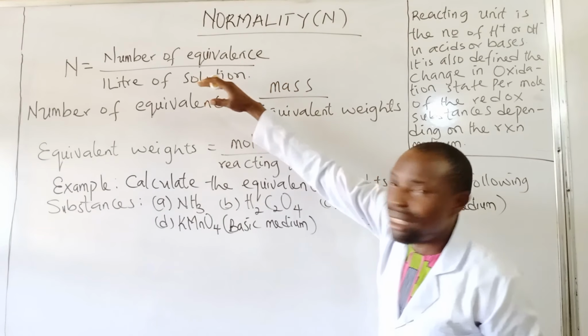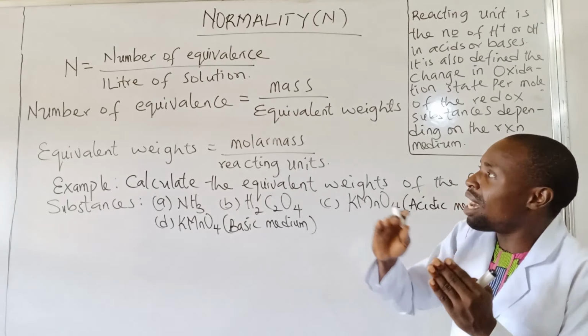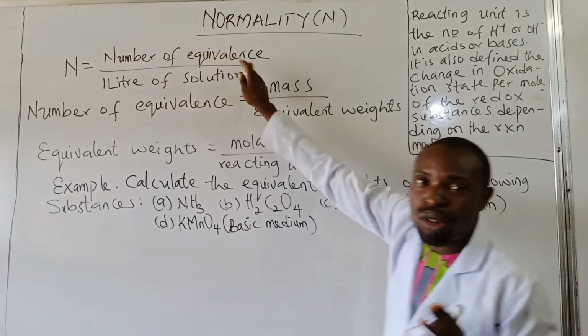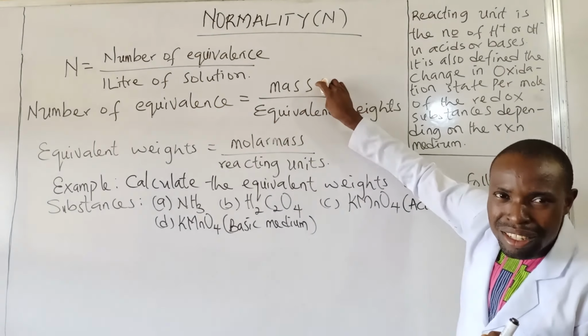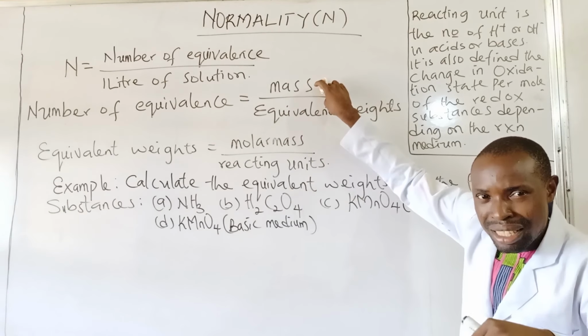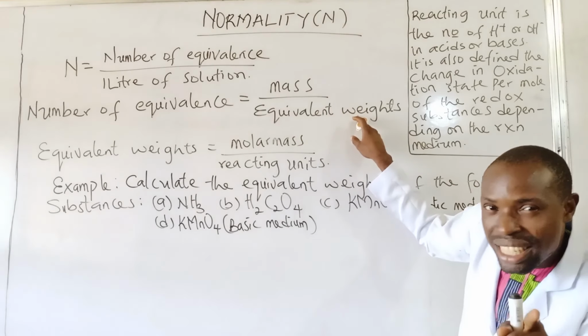Each of these terms can be broken down into fragments, knowing fully well that the number of equivalents is equal to the mass of the substance over the equivalent weight.